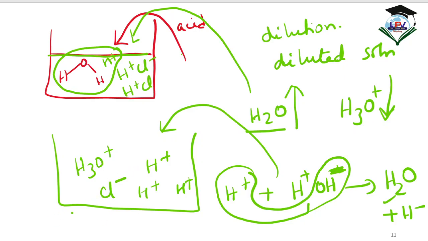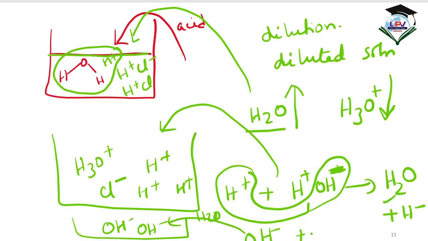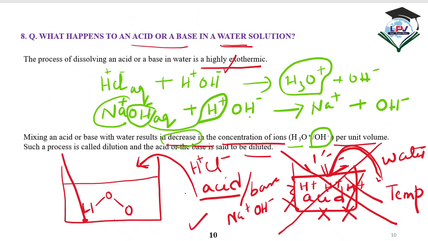If you have more and more OH minus ion, now when you treat it with water, you can see that OH minus ion again forms water. So the result is dilution. The process is dilution. So when this question comes, you have to write about dilution, and these were for your understanding.